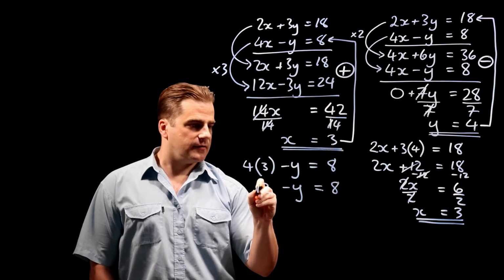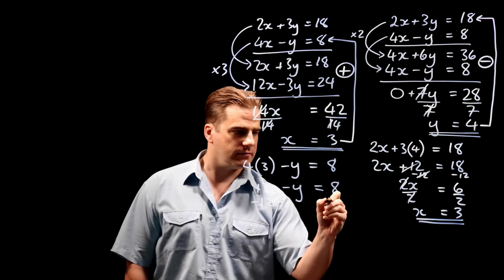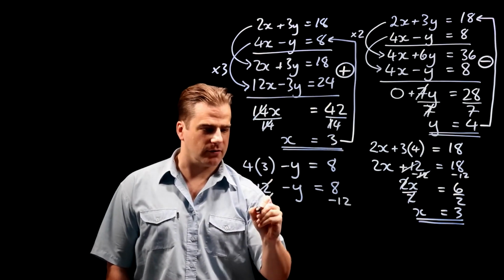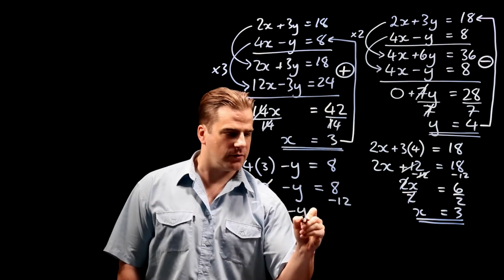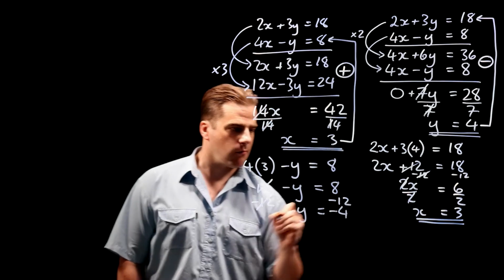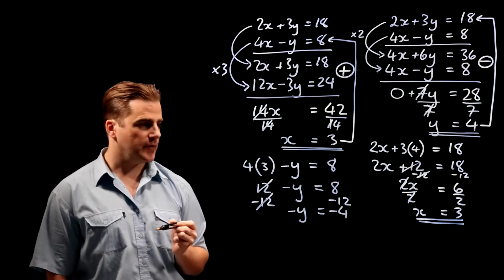Let's take the 12 over here by subtracting 12 from both sides. So we get plus 12 minus 12 is 0. We get minus y equals 8 minus 12, which is minus 4. Okay, so we've got minus y is minus 4.